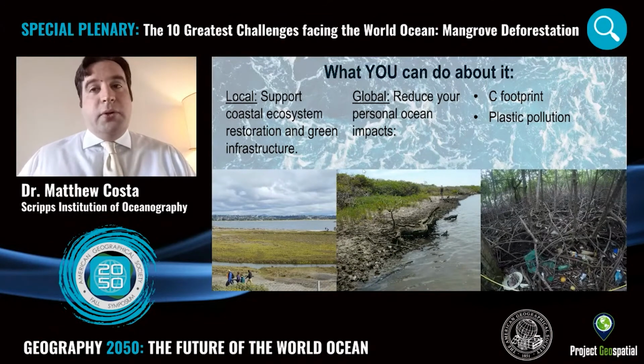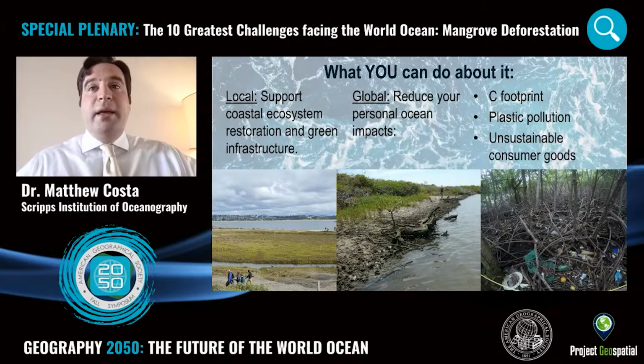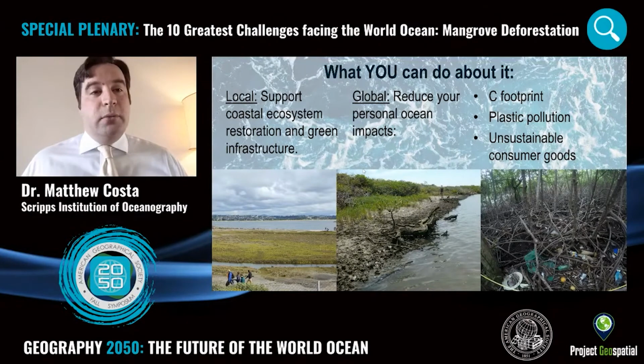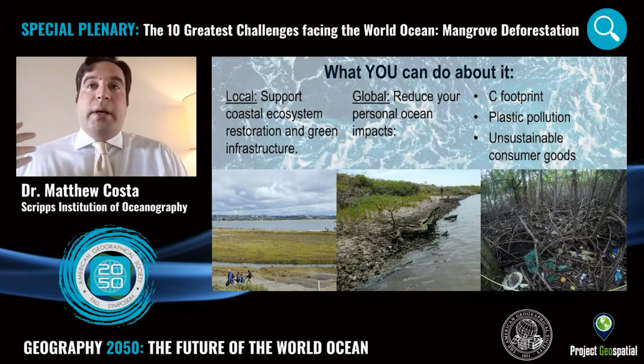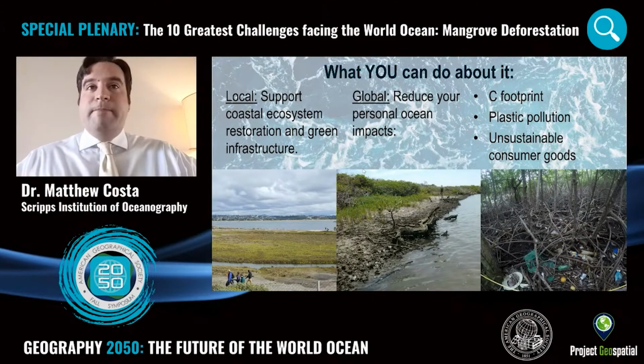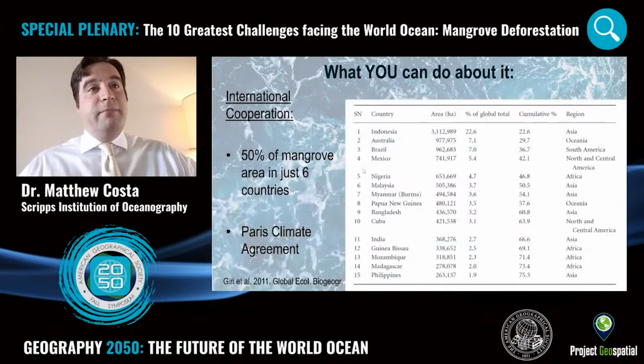Reducing your plastic pollution can help make sites like this, of really plastic-impacted mangrove forests, less common. And you can be an informed consumer, being careful not to consume goods that were made by destroying mangroves or other forests. But I'd like to end on a positive note.